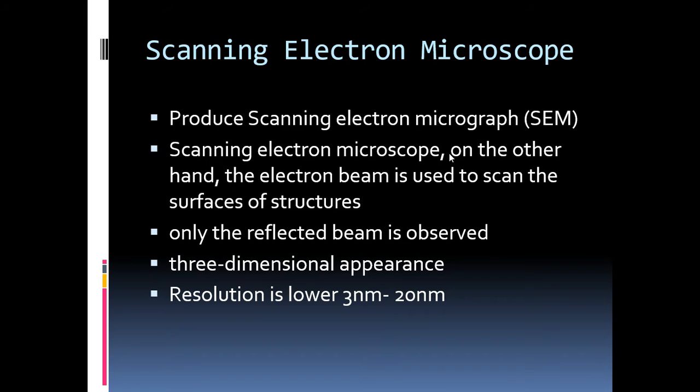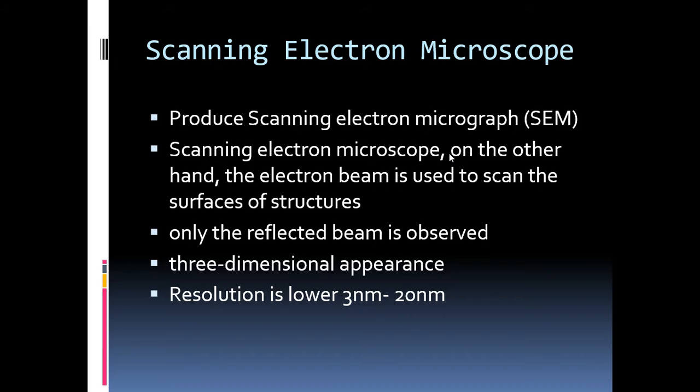The electrons are reflected at various angles, which will affect the size of the wavelength. Therefore, reflected electrons with a longer wavelength will produce a darker image, while reflected electrons with a shorter wavelength will produce a lighter image, which is the same concept used in the transmission electron microscope.